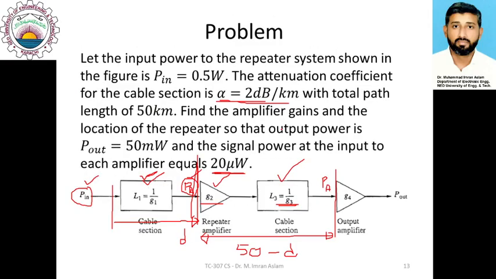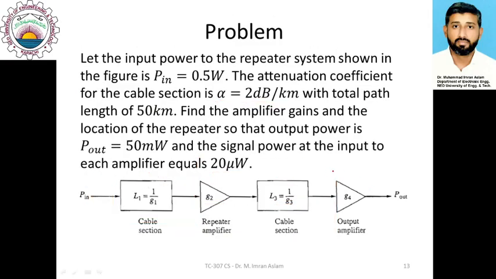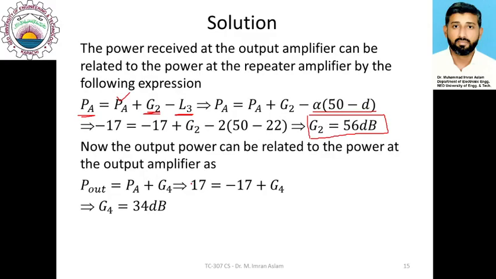Now let us move on to the last part, which is the output section. The power at the amplifier is represented as PA, the output power is Pout, and they are directly related with the gain. Simple. So PA would get a gain and would give you an output power. So this output power would be equal to PA, the amplifier power, plus the gain of the amplifier, which is represented as G4.